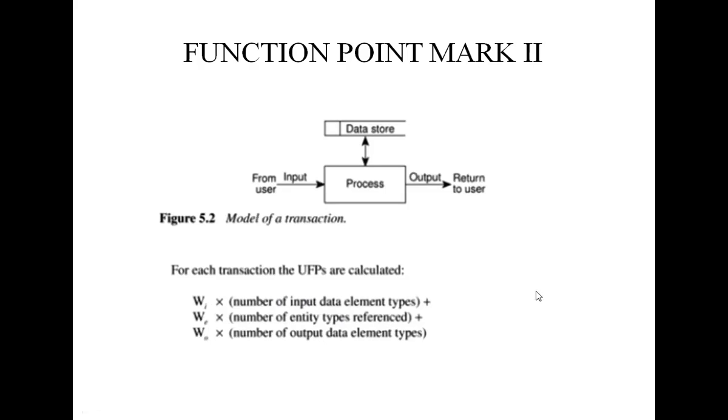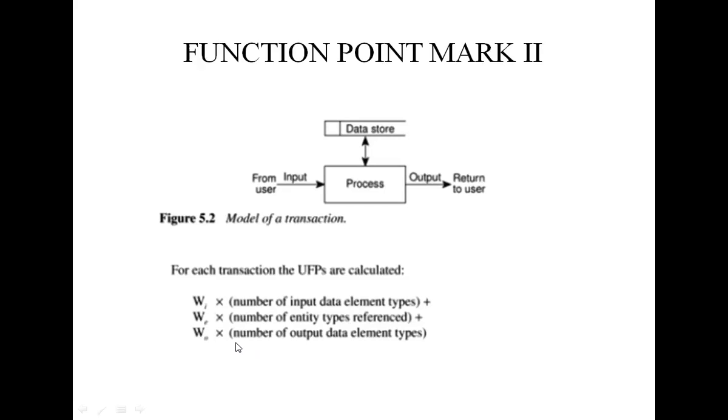So here WI is multiplied by the number of input data element types, which in the previous example is 3 data types. WE is multiplied by the number of entity types referred to, that is records, which is 2, and WO by the number of output data element types.